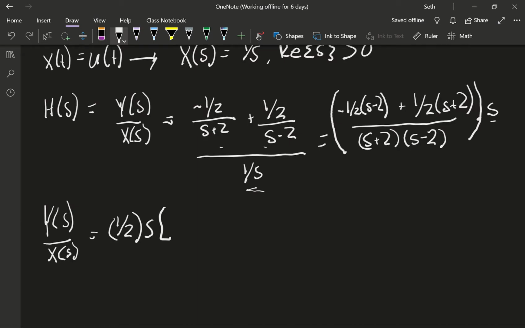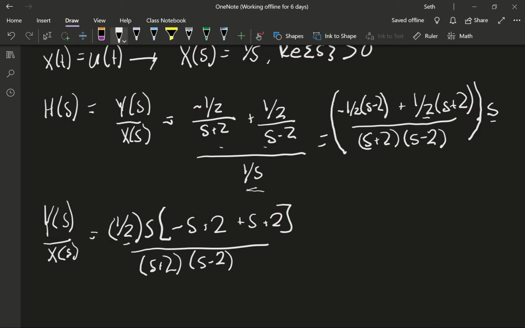This negative sign goes in here, minus s plus 2 plus s, because we brought the 1/2 out here, plus 2, s plus 2, s minus 2, these cancel, this is 4, 4 divided by 2 is just going to be 2, the s right here stays: 2s over s plus 2 times s minus 2.